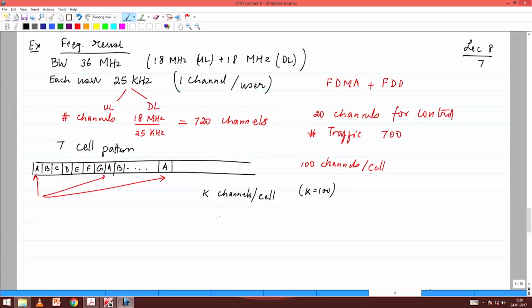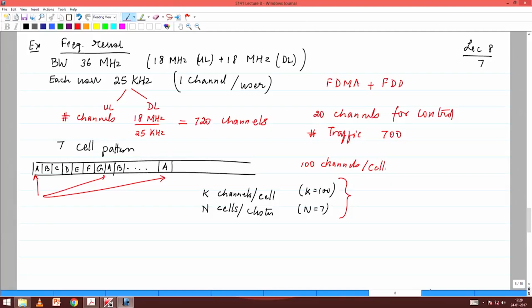The next term that we introduce is the number of cells per cluster. In this case we are looking at n equal to 7. This already tells us a very important parameter, the total number of channels per cell and the total number of cells per cluster, and that cluster is now going to repeat.